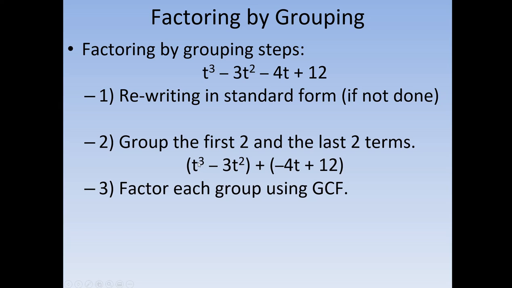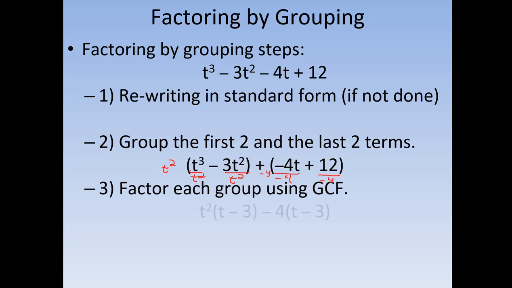So that means I can pull out a t squared, dividing out t squared from both. And from the second group, they don't share a common variable, but they do share a coefficient. In fact, I could divide out a negative 4 from both of these terms. So I'm going to pull out a t squared from the first group and a negative 4 from the second group.